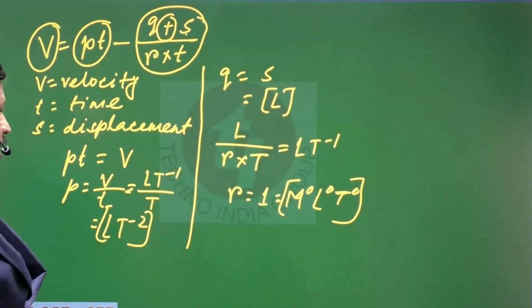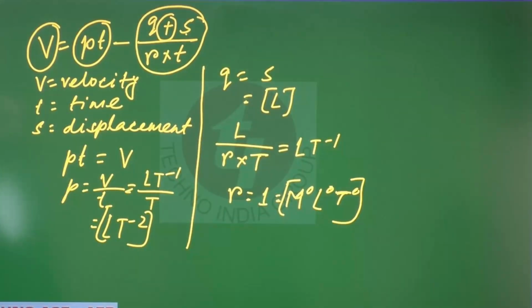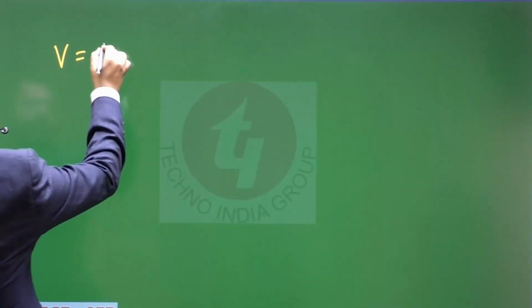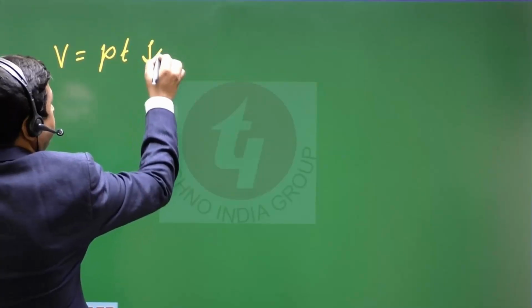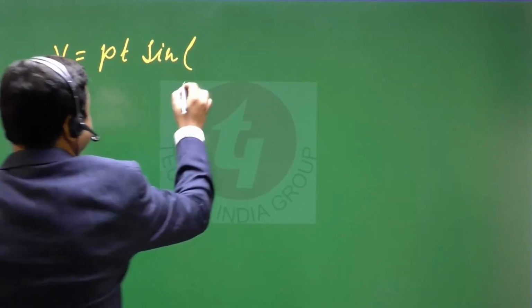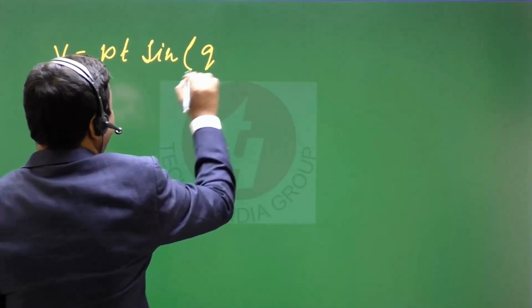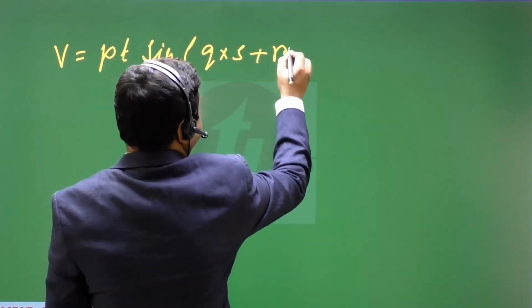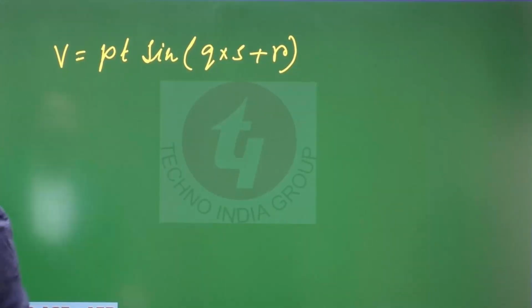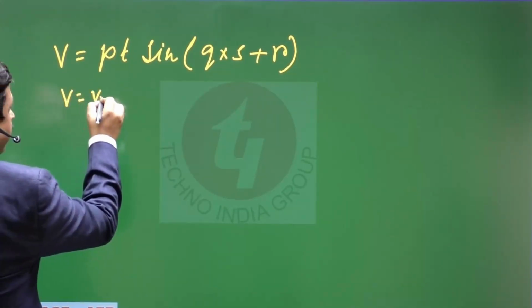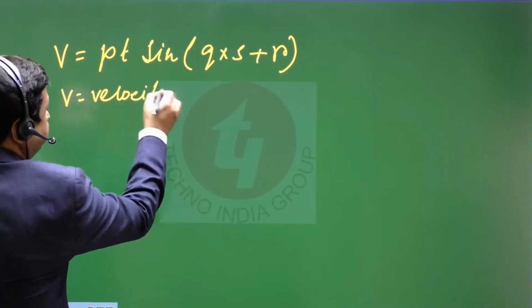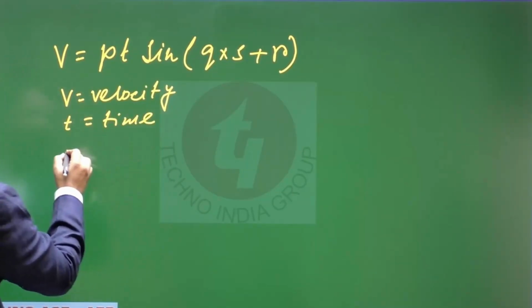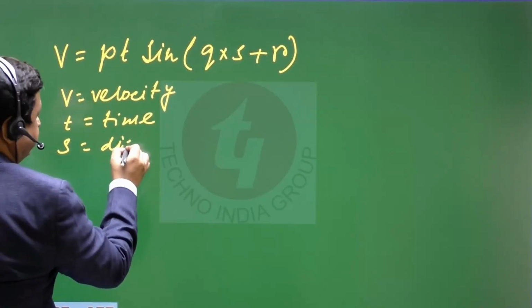Okay, next one. Say there is an equation, V equals to P T into sine of Q into S plus R. Here V is velocity, T is time, and S is displacement.